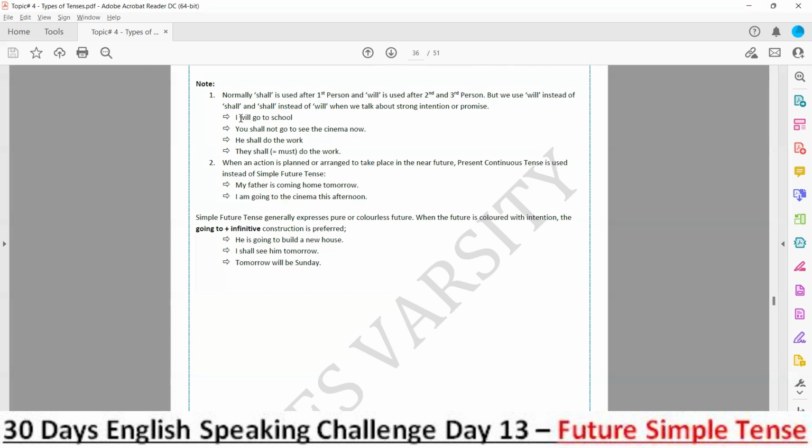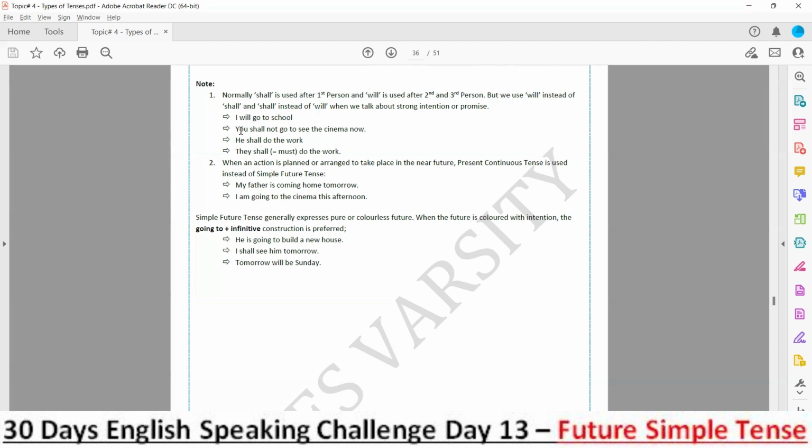Instead of shall, will is used. Generally shall is used, but if you are determined to do so, or intending and planning to do so, then instead of shall you can use will. So, I will go to school.